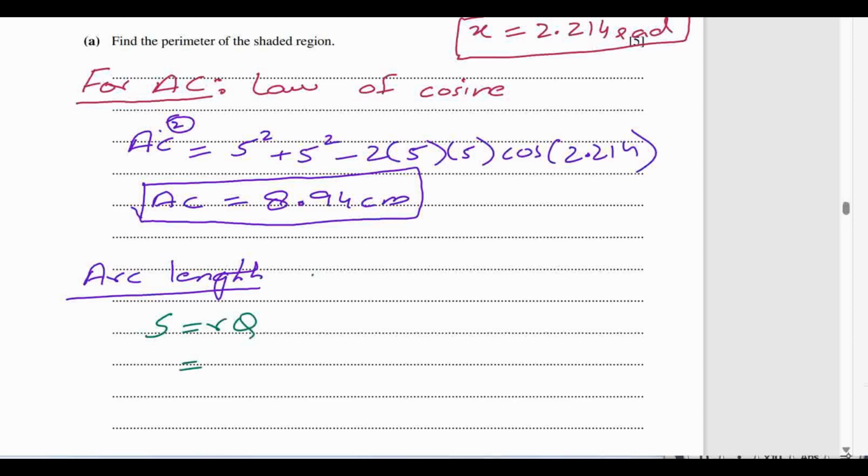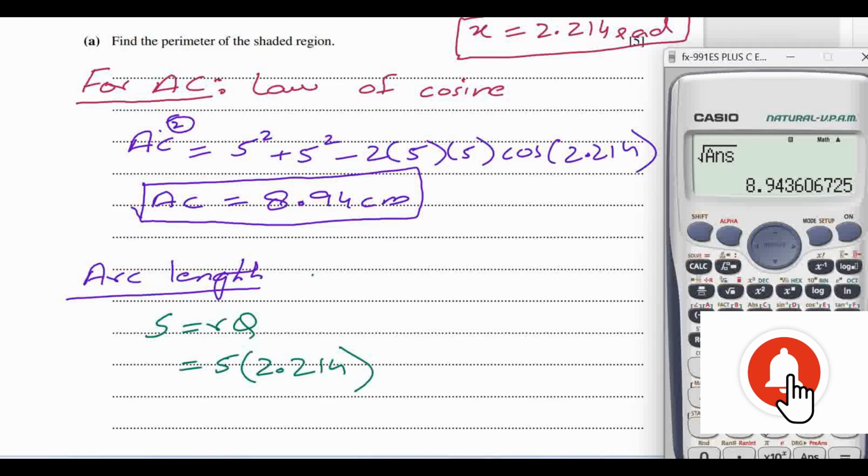So here the value of r, the radius, is 5 and the angle is 2.214. So this will be 2.214 multiplied by 5. So this will be equal to 11.05.